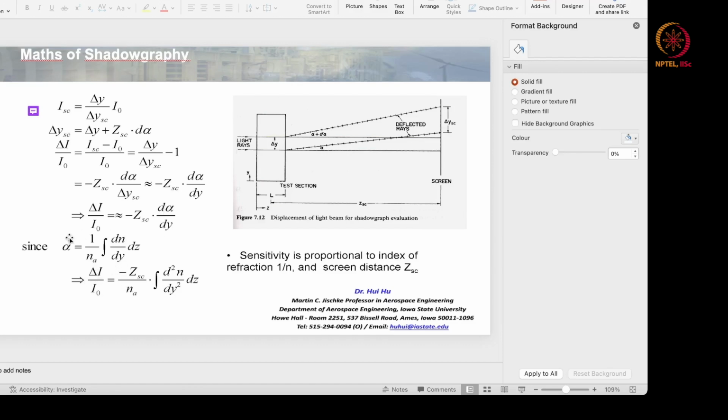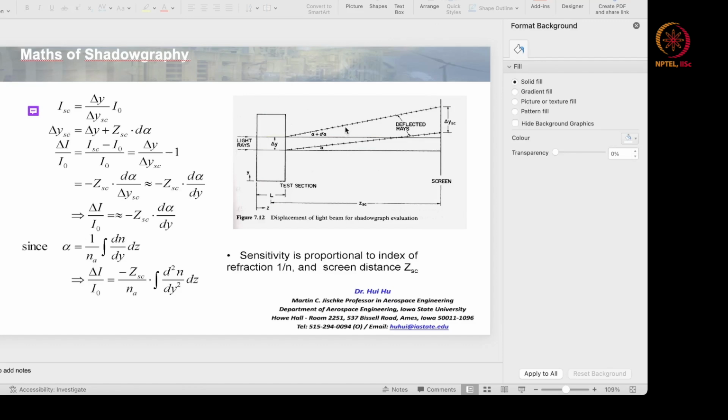So if you plug this in, delta I by I naught is equal to minus ZSC divided by n, where n is the refractive index, multiplied by d square n by dy square into dz. As you can see, the total deflection is a function of ZSC, where the screen is placed, and it depends on the second derivative of the refractive index with respect to y.